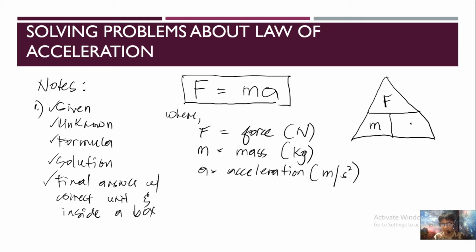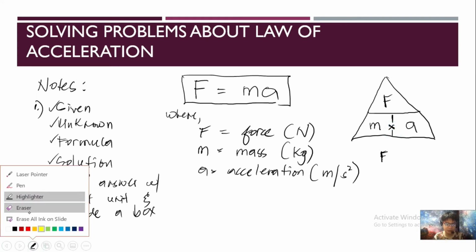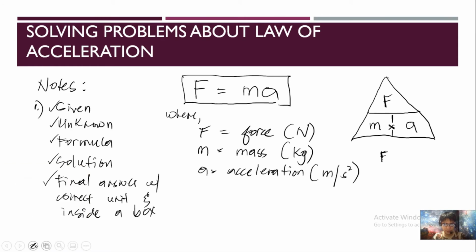Now, referring to our formula pyramid, let's write down their operations. We have multiply between M and A, and then divide on both sides. Okay, let's continue.